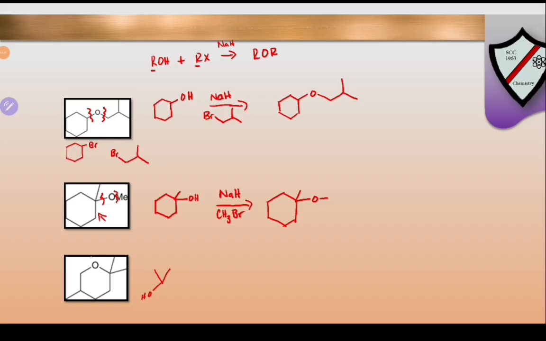So this is the alcohol side here. I severed this bond here and I made this an alcohol, and then we're going to have 1, 2, 3, 4 carbons. 1, 2, 3, 4 carbons there.